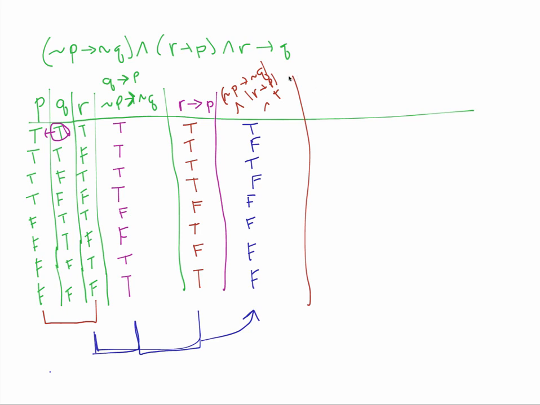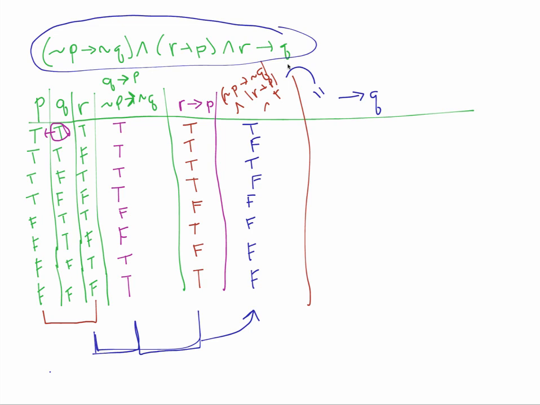And now I'm going to take this thing, I just don't want to write it again, implies Q. So it's basically this entire expression in my last column. If that entire expression, the entire column, is all trues, that means it's a tautology and the argument is valid. If there are any falses anywhere in this last column, it is not a valid argument.